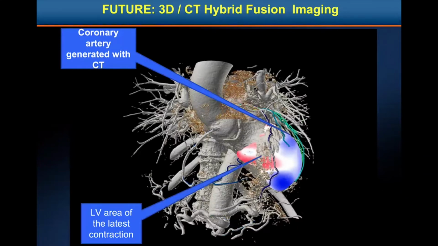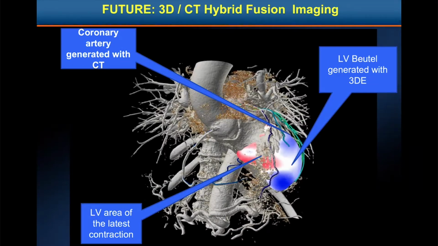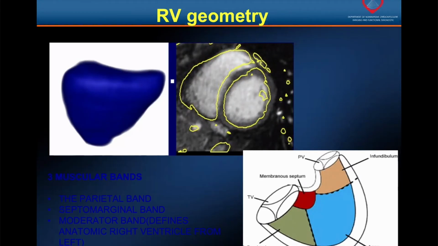We can look at the left ventricle area for the latest contraction, and have this 3D volume of the left ventricle, which is generated from the echo. This is one of our possibilities.